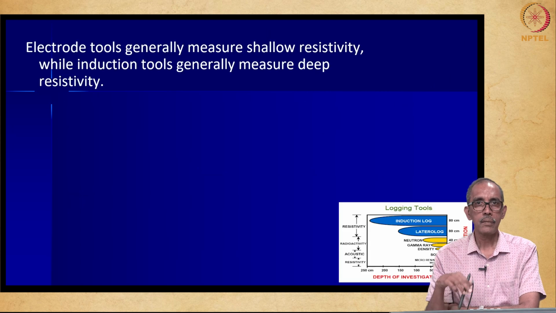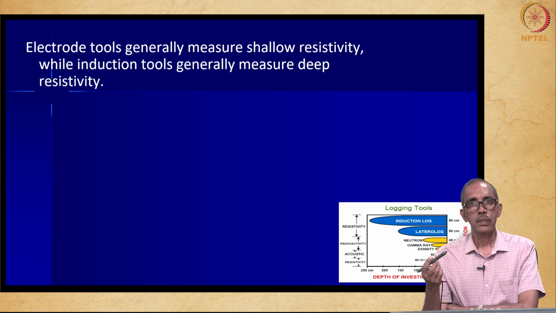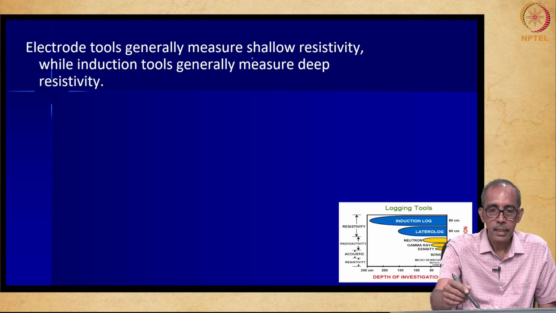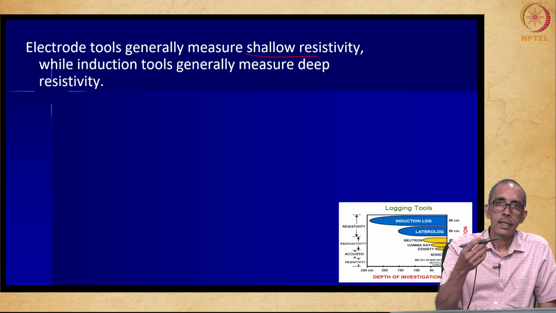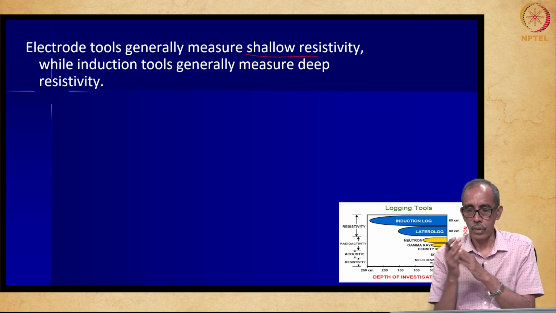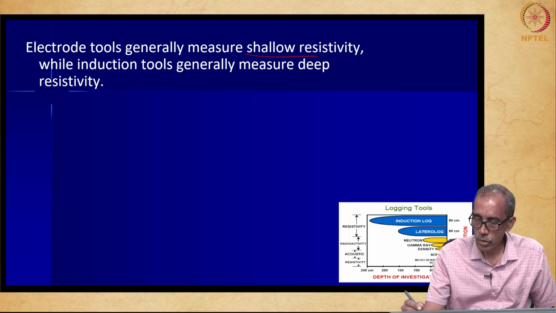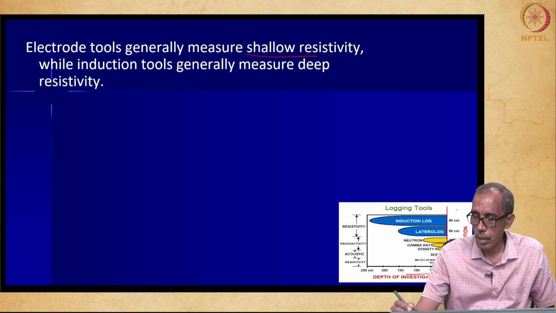Then, the electrode tools generally measure the shallow resistivity. Whatever we had seen until now, they measure the resistivity of a shallow zone. Here is a picture showing the depth of investigation. This is the borehole.